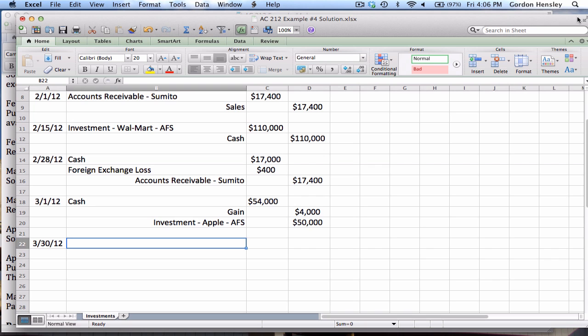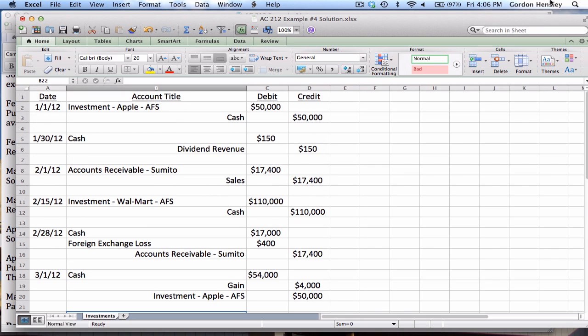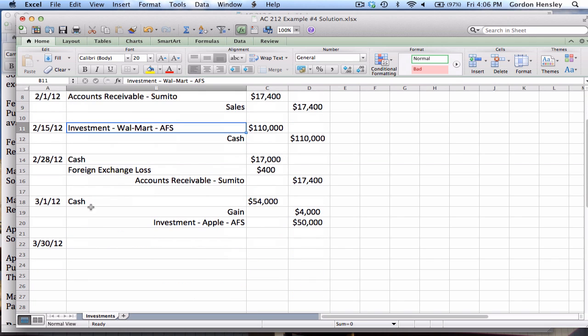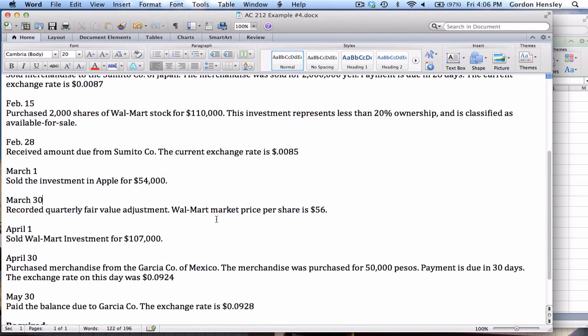And at this point, what stocks do we actually own? Well, we did have an investment in Apple, but we sold it. So really right now, the only investment that we have is that Walmart investment. So we want to figure out, did the value of that investment go up or did it go down? And that will affect how I do the journal entries. So in this case, they're just simply telling me the market price is now 56.